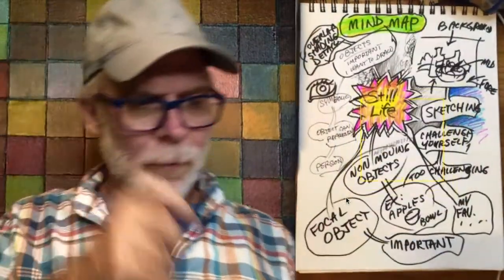Let me show you on here. I did a mind map. I was asked to do a mind map of things that disgust me, and that's where that weird picture came from, right? Which was here.